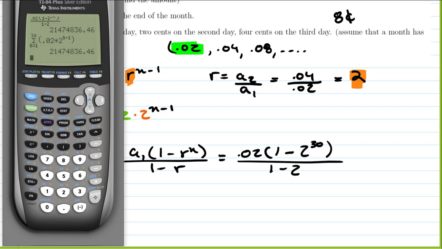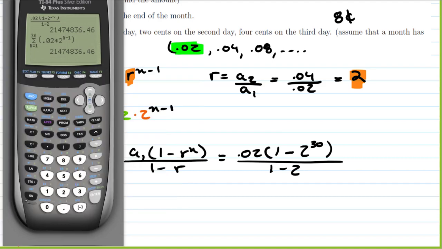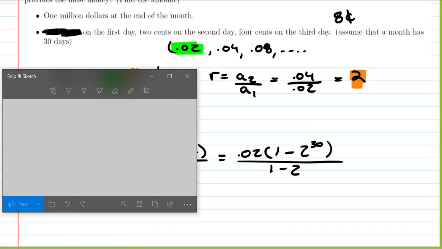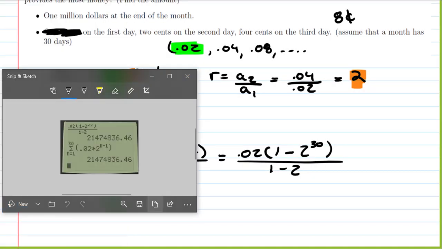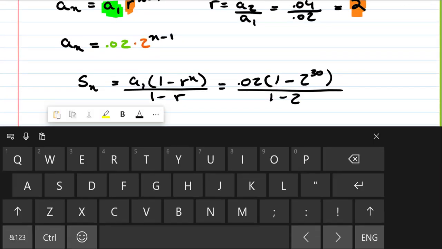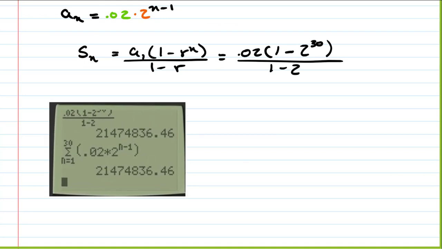And if we press enter, either way, we notice we end up with the same solution, whether we sum it up using our formula for a geometric series or just the sigma notation.